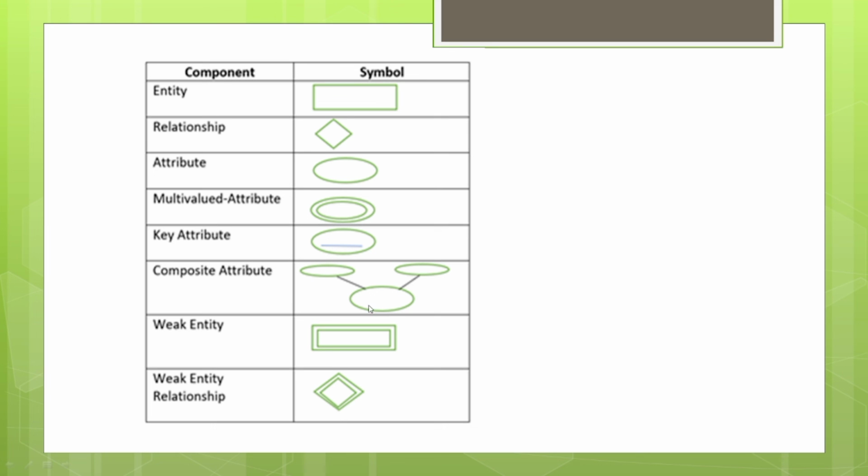Composite attributes are represented as more than one attribute combined together. Weak entities are represented by a double rectangle. Weak entity relationships are represented by a double diamond.